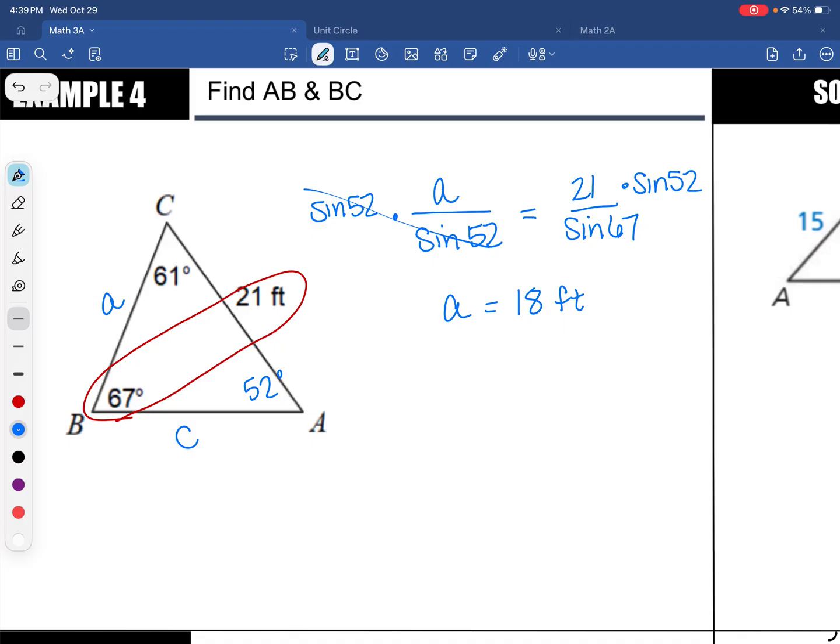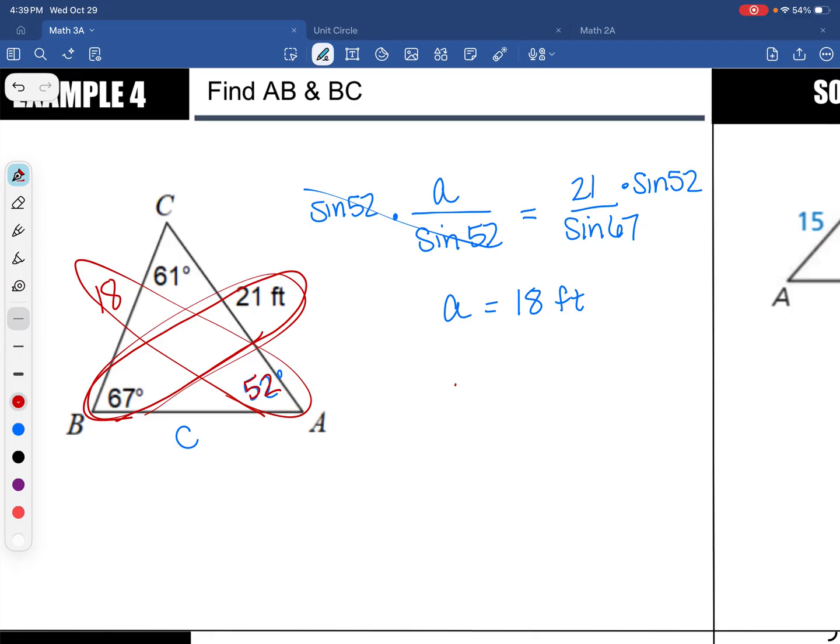Now technically we don't have to use B again because now we have a complete side of A and its angle. So if we wanted to, we could use that, but we just need to use a complete one to find C. So I'm just going to go back and use the original.